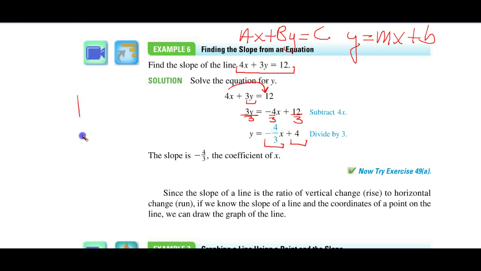And again, it's very useful for graphing. Once again, we plot our y-intercept, 1, 2, 3, 4. Put a dot right there. Our slope is a negative 4/3. So we're going to go in a negative direction with our run. And then we're going to go up vertically with our rise.